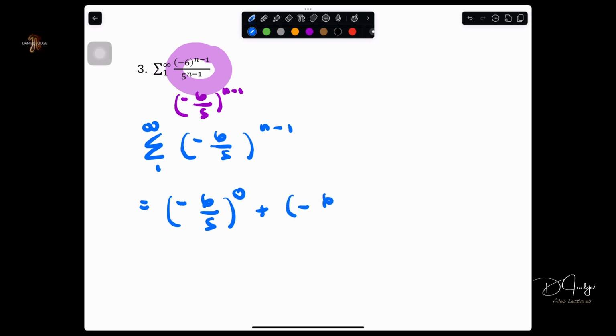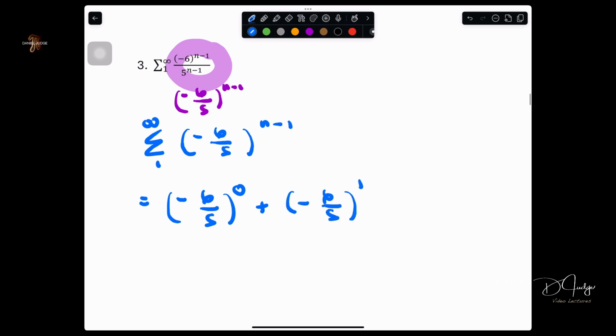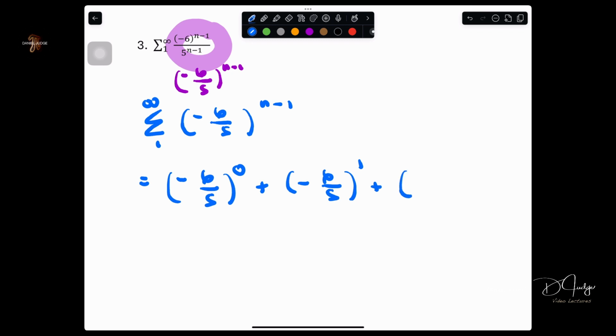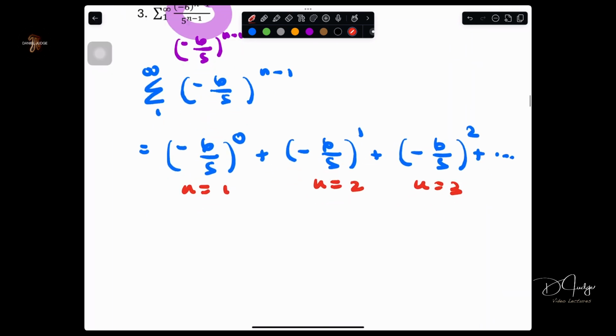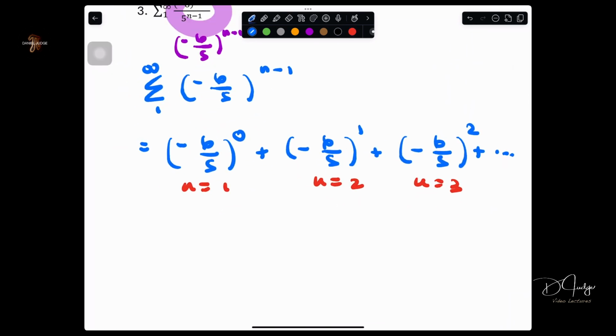Now let n be 2, -6/5 to the first power, n be 3, and you guys get the picture. N is 1, n is 2, n is 3. We're generating terms of the series, which means this is 1 minus 6/5 plus 36 over 25.